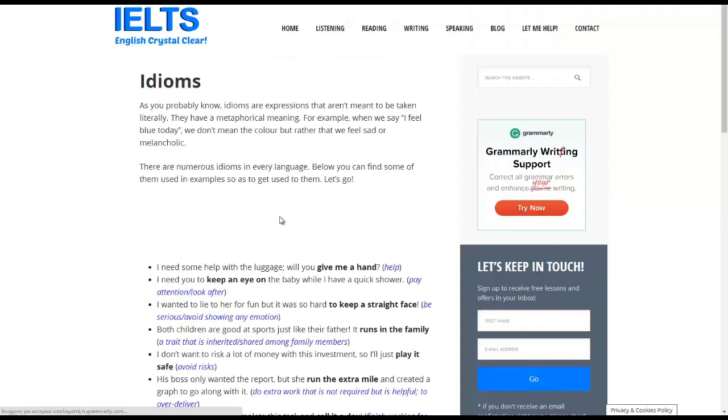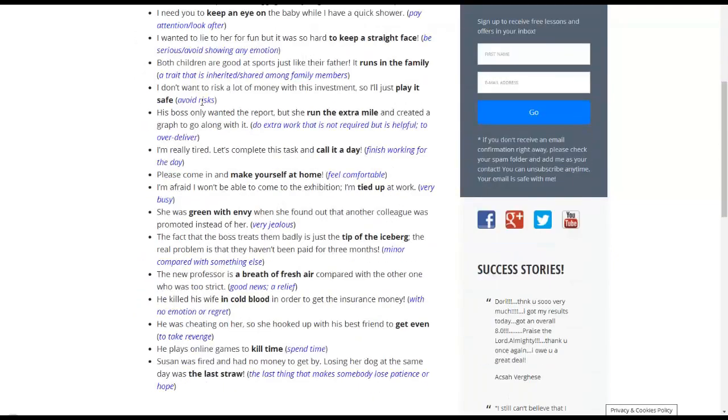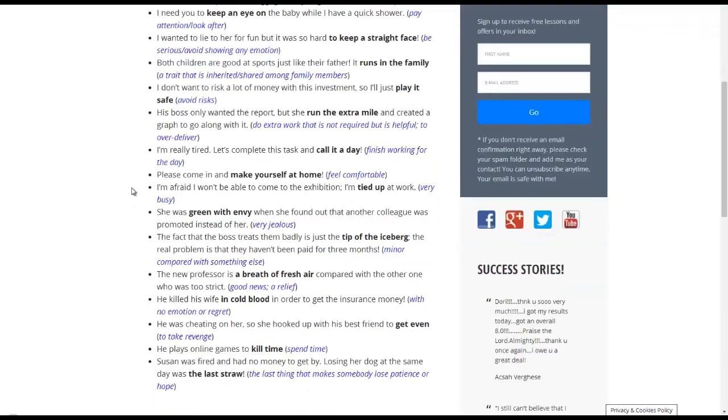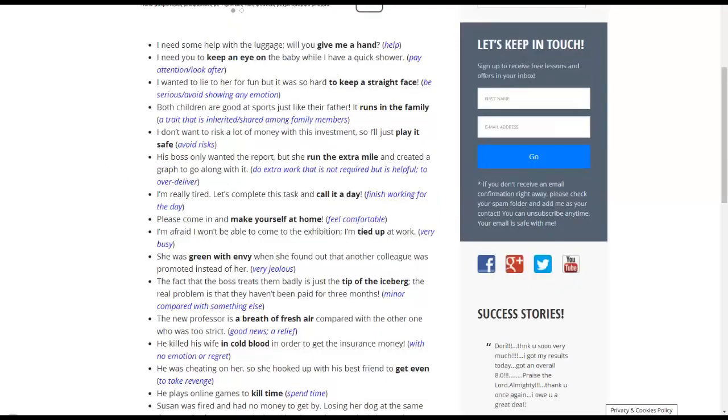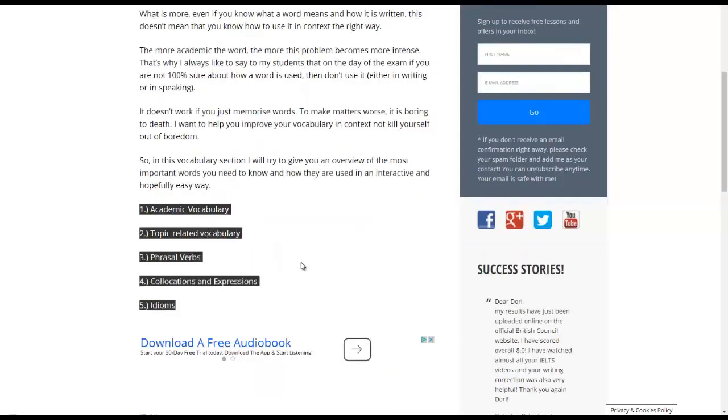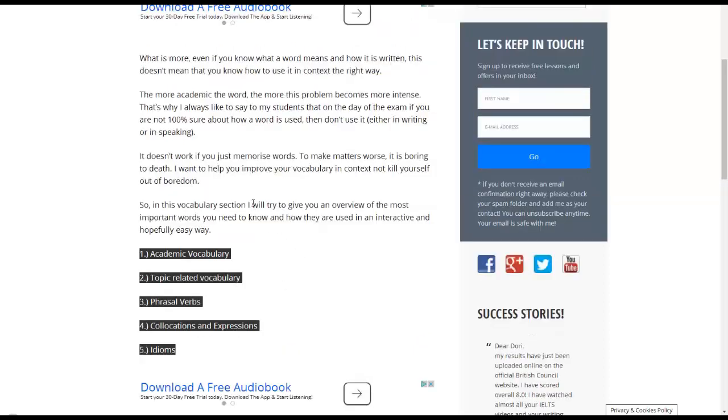Idioms are numerous as well, but I give you the most, the basic ones here. So take your time to play with that, and I'm sure it will greatly help you with your preparation, because as you can see, you can find almost anything here in terms of vocabulary, and it's a great way, especially with the quizzes, it's a great way to practice and improve your vocabulary.